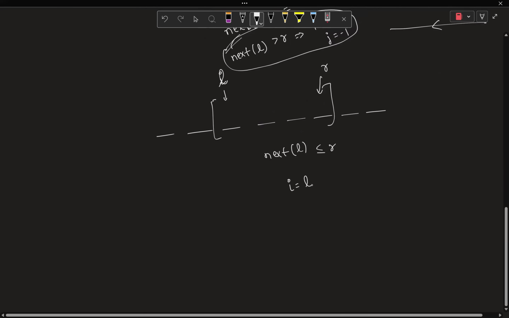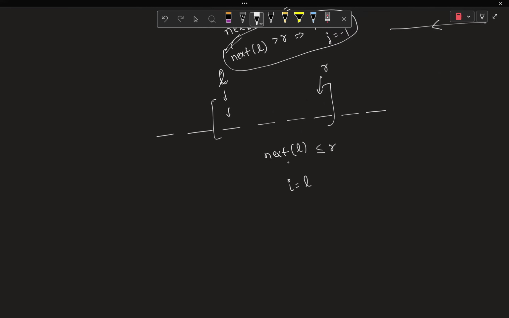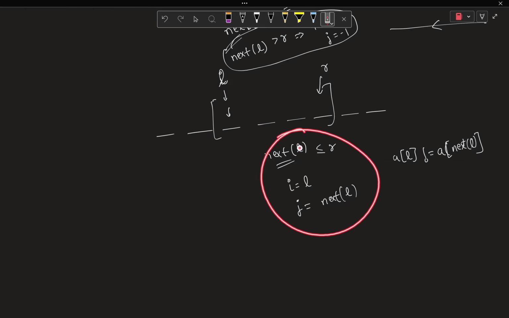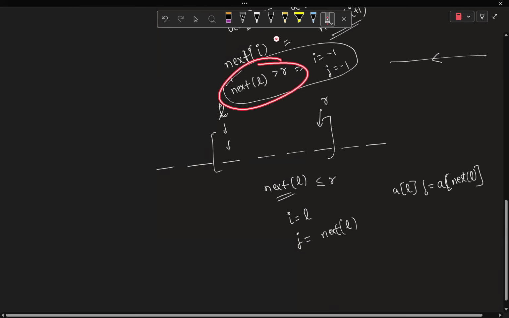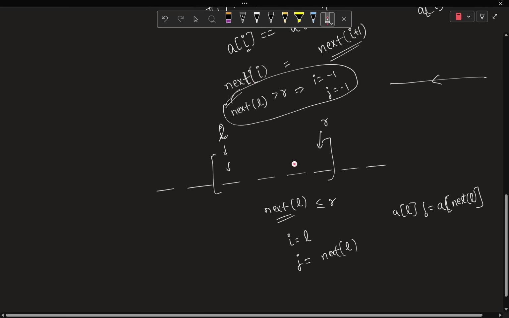In that case, I is equal to L. I just fix my first element at this place, and for the second element, J would be equal to next of L. Next of L is something I already know is different from L, like A of L would not be equal to A of next of L. Only on that basis did I create this next array. So this is how I can get the two different elements if they exist. And if the other condition comes, then I already know that this does not exist, right?